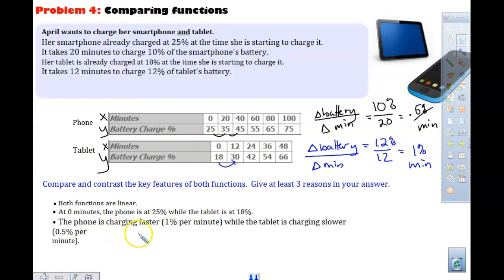The tablet is charging faster, at 1% per minute, and the phone is charging slower, at 0.5% per minute. So make sure you understand these and are able to make a graph.